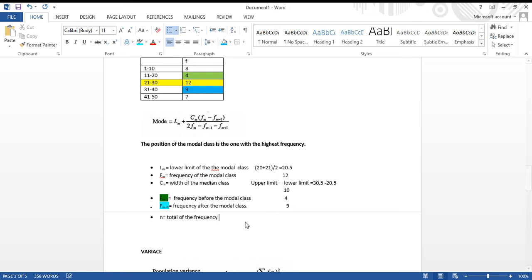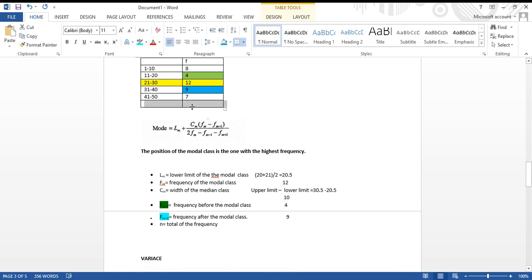And the total frequency, if we remember when we totaled this up, we got 40. 8 plus 4 plus 12 plus 9 plus 7 is 40. So N represents our total frequency, which is 40.